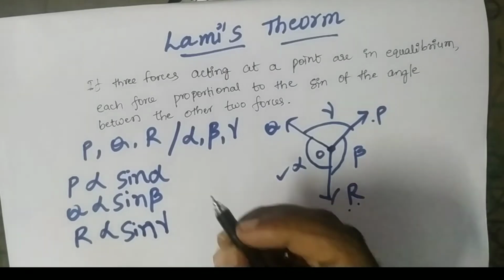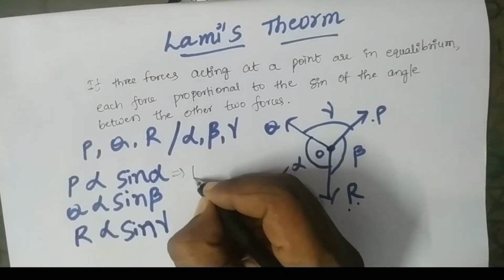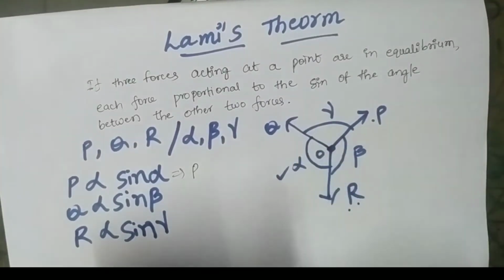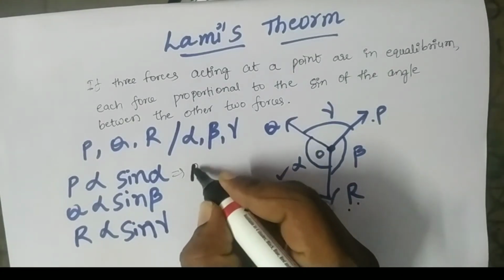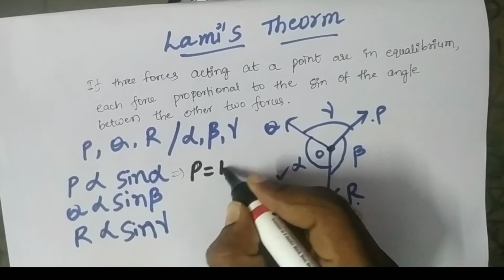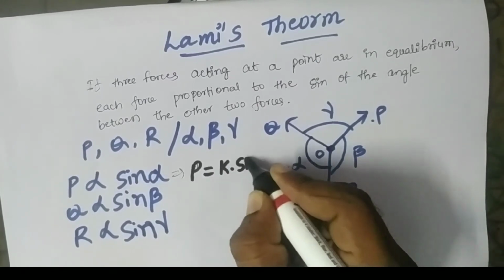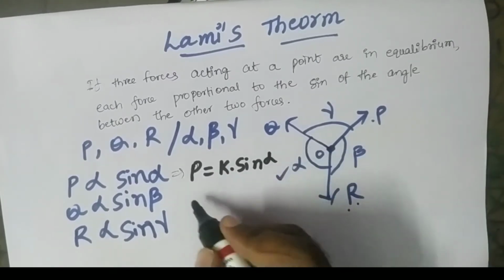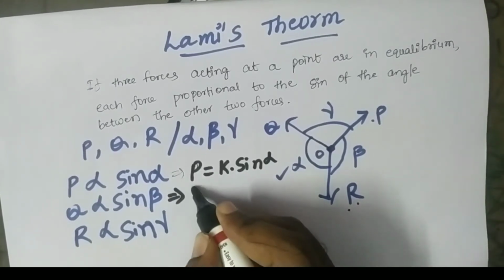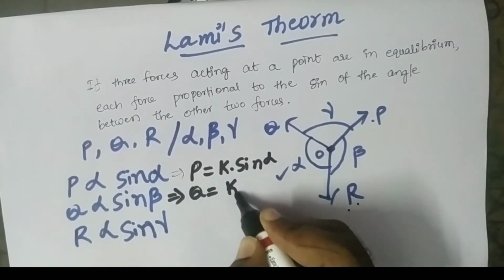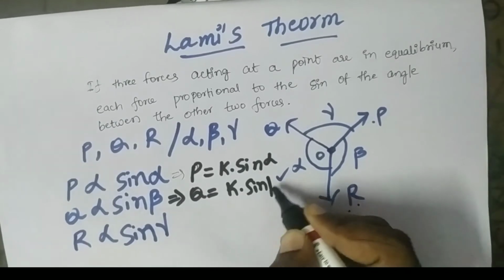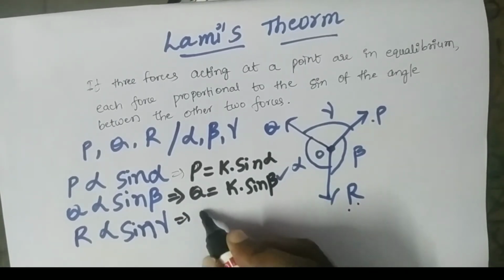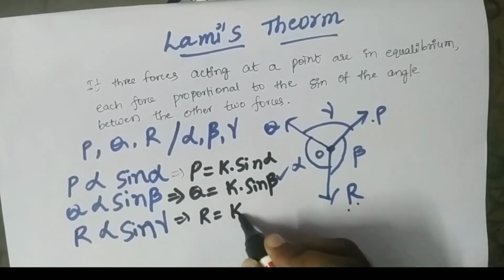Now eliminate the proportionality sign and add a constant K. P equals K sin alpha, Q equals K sin beta, and R equals K sin gamma.